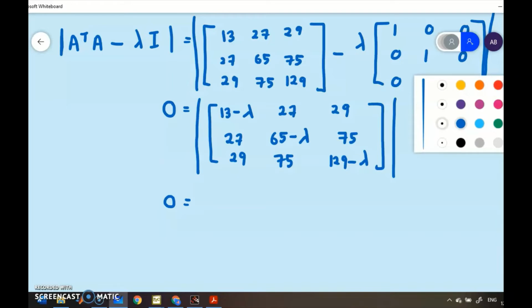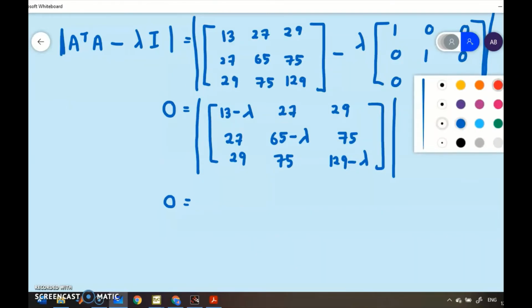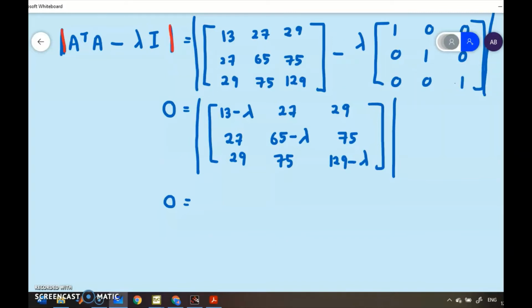This symbol here stands for the determinant of a matrix. So don't forget the sign pattern: positive, negative, positive, negative, positive.